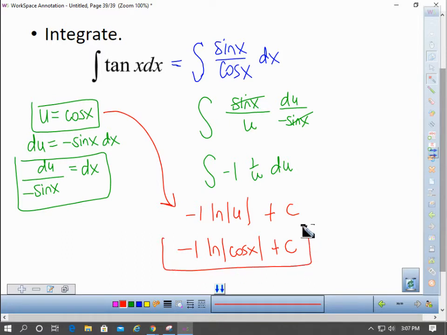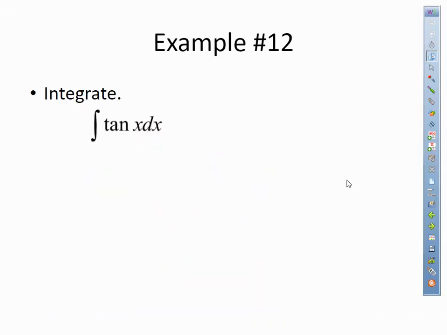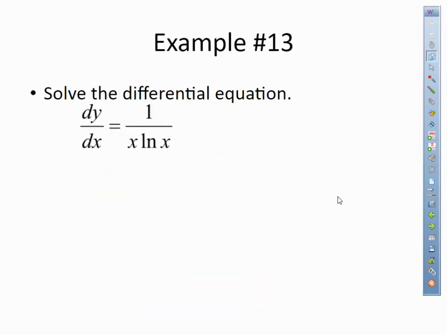And if you look in that chart on page 329, that little table or box that's in the book that has all those trig integrals, the integral for tangent was negative natural log of cosine x plus c. So that just shows you how you get that. But this is one of the ones that you need to memorize in that little chart I gave you. You can look them up on page 329 and write them in your notes. Those are ones you need to know.